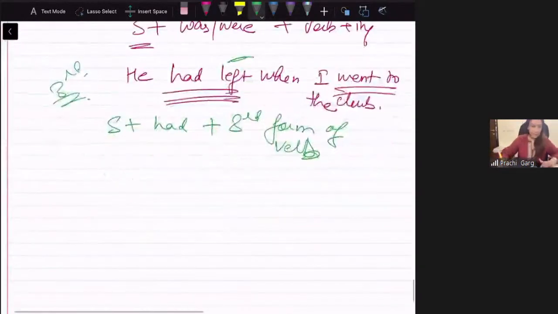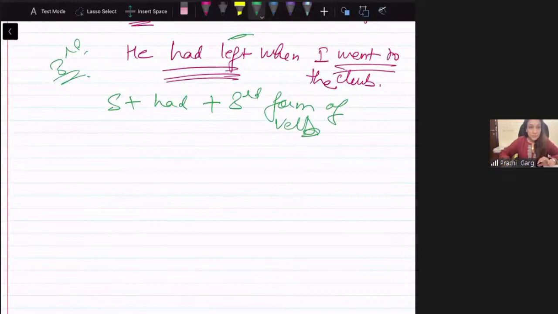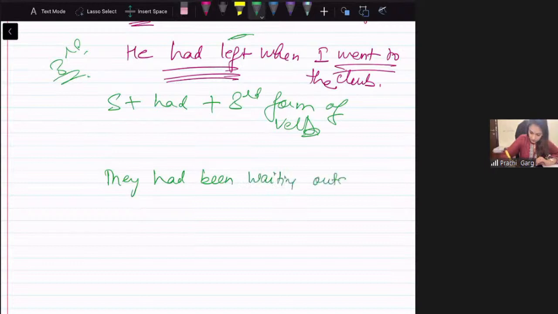Right. Now quickly let's come to the past perfect continuous. Just the way we saw before, they had been waiting outside the hall, right?